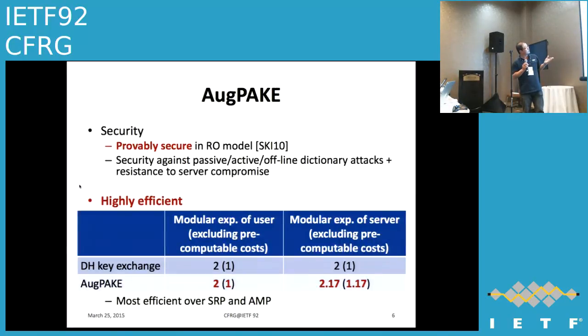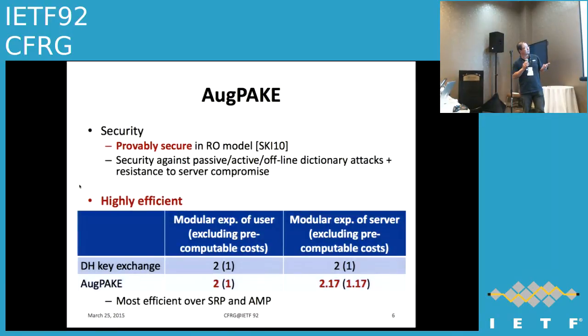Yes, the OPEC protocol is secure against passive attacks, active attacks, and offline dictionary attacks. It also provides resistance to server compromise, and the OPEC protocol is provably secure in the random oracle model. Actually, it requires a slightly strong computational assumption. The OPEC protocol is highly efficient compared to plain Diffie-Hellman key exchange.